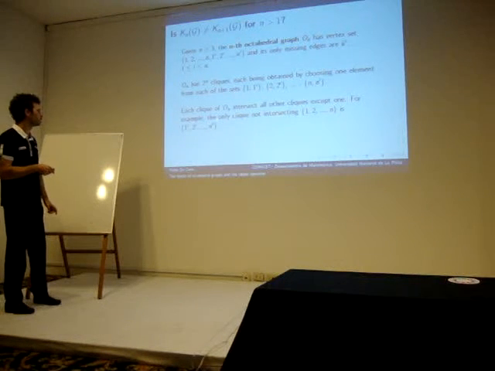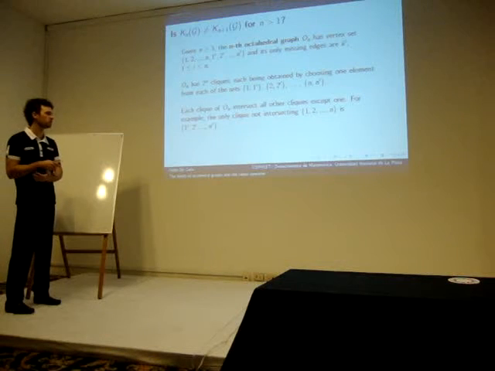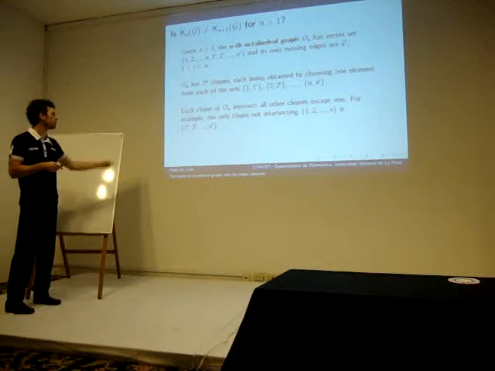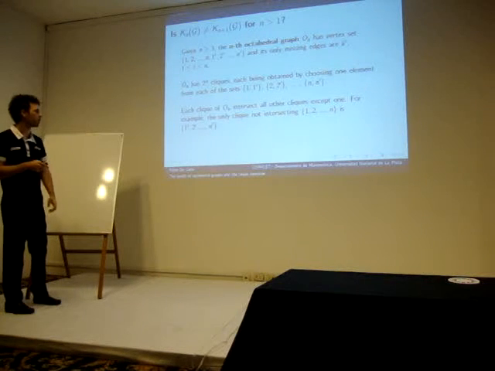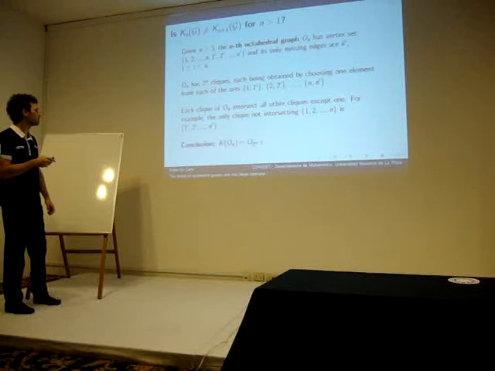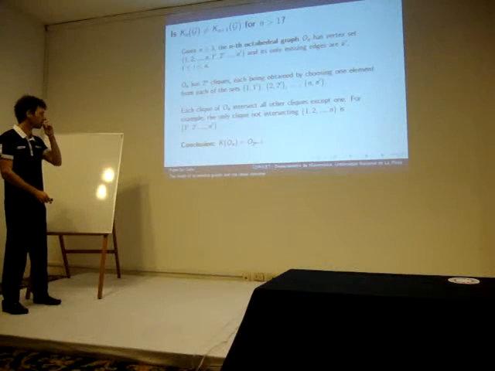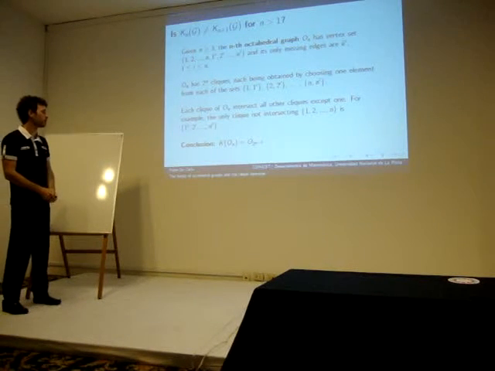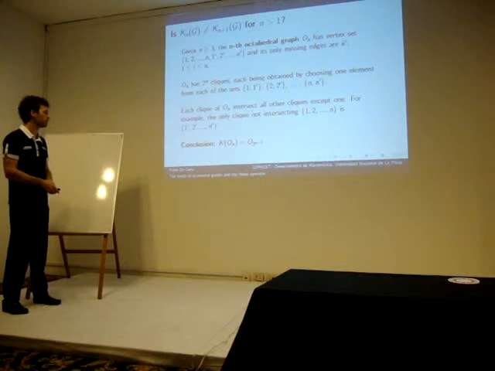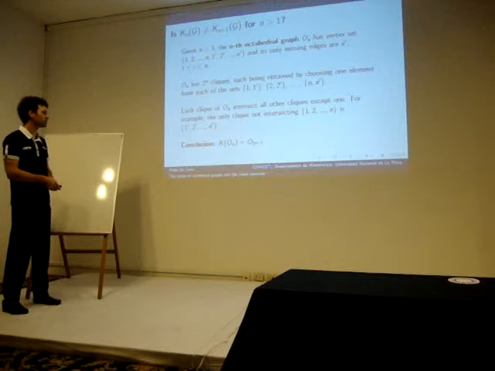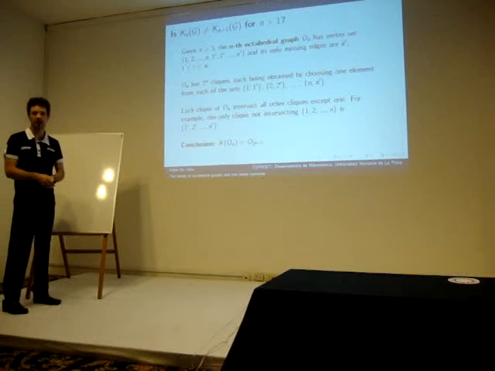For example, the only clique that does not intersect 1, 2, until n is 1 prime, 2 prime, n prime. And this allows us to prove that the clique graph of O sub n is also another octahedral graph. More precisely, it is O sub 2 to the power of n minus 1.